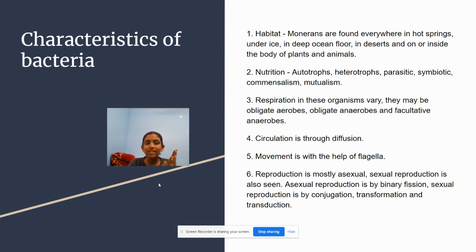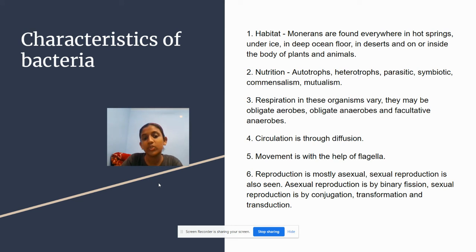When we eat with our hands, it goes to our body. So we can say that bacteria also exist in the human body. It is also the case for plants and animals, because they live outside, so bacteria are in more contact with them. Yes. Let's go to the second point, which is nutrition.